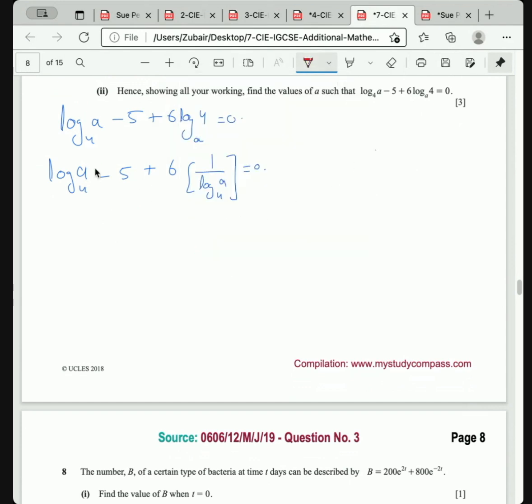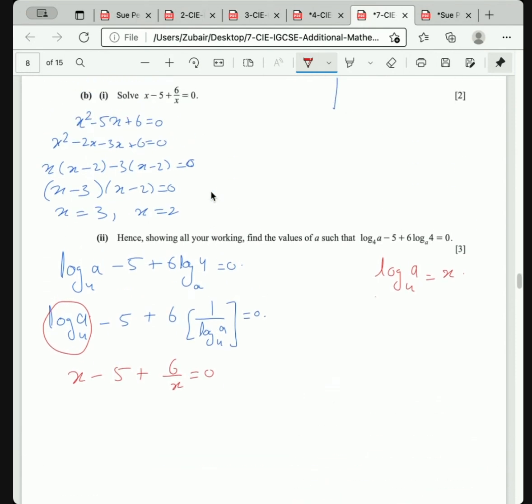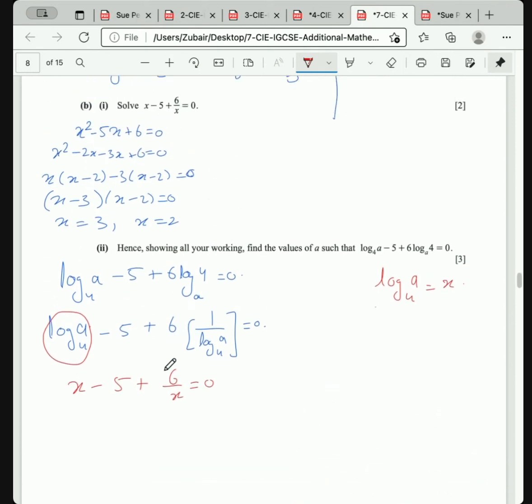Now for ease of writing, I'm writing log a to base 4 as x. So x minus 5 plus 6 over x. And if you compare, it is the exact same equation, which would result in x equals 3 and x equals 2. So log of a to base 4 is equal to 3 and log of a to base 4 is equal to 2.